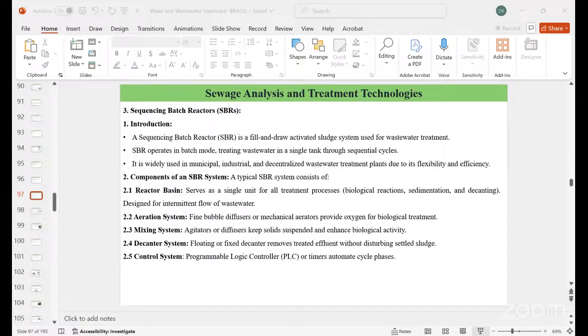Here the non-biodegradable solid waste mixes with the primary sludge, making it difficult to treat and dispose of, and this mainly affects the quality of the biosolids produced. Coming to reduced settling, lightweight solid waste, particularly plastics, interferes with the settling of the heavier solids. This also reduces the effectiveness of sedimentation and increases the load on the secondary treatment as well.